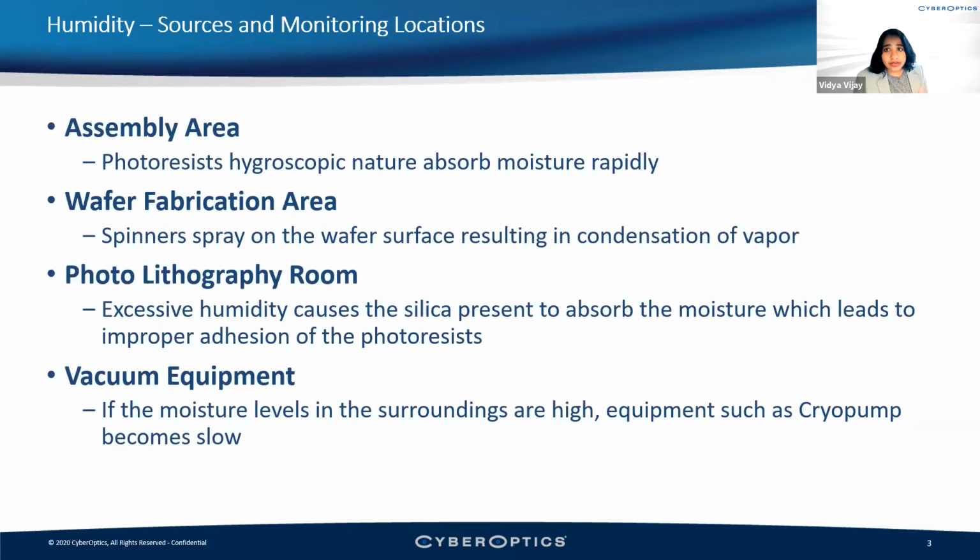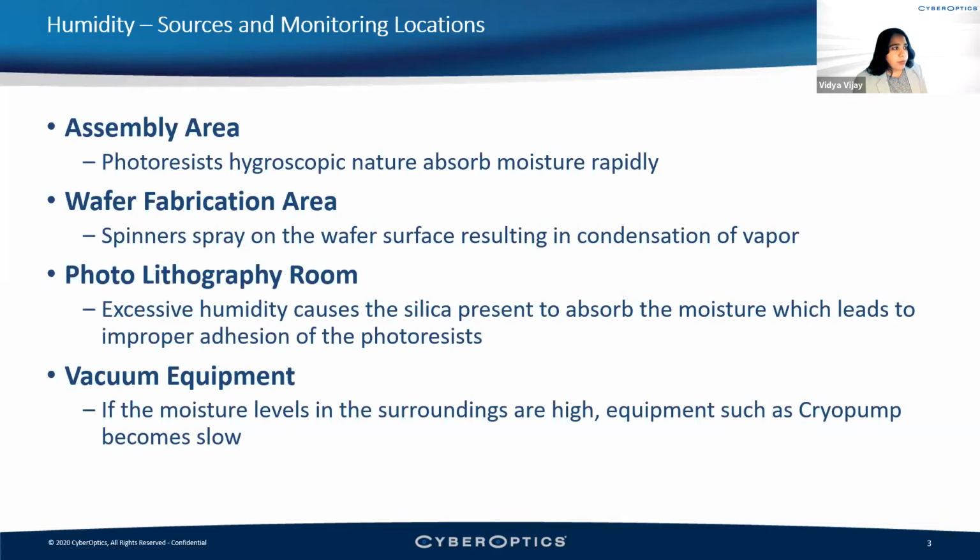Also, when there is water vapor in your tool, pumping down to get to high vacuum can slow down, and your cryo pump can become very, very slow. And not just these, but there is also your protective equipment and many other sources, based on the type of processes, where we can find some condensation or humidity absorbed.